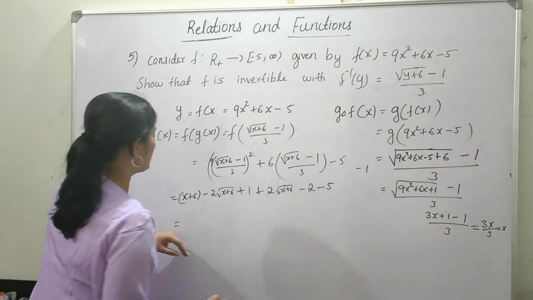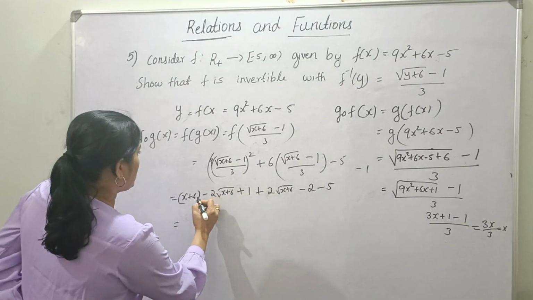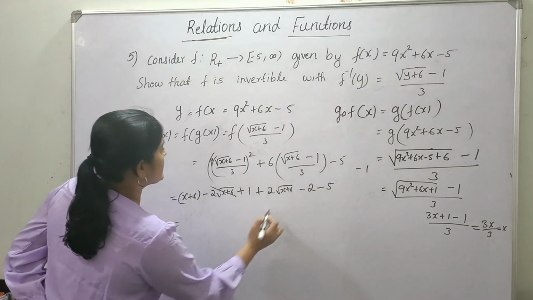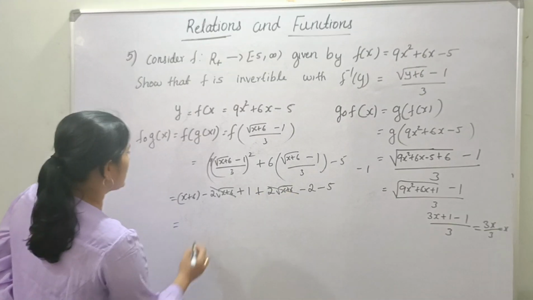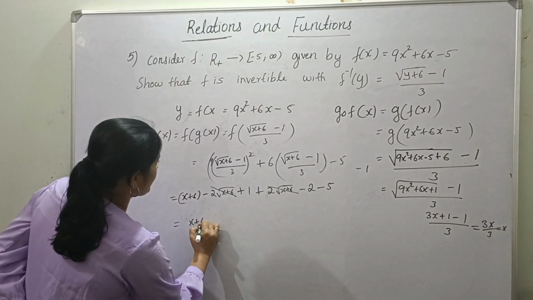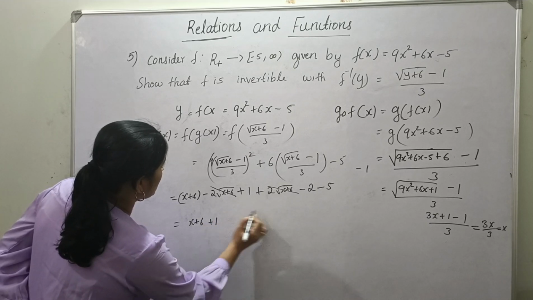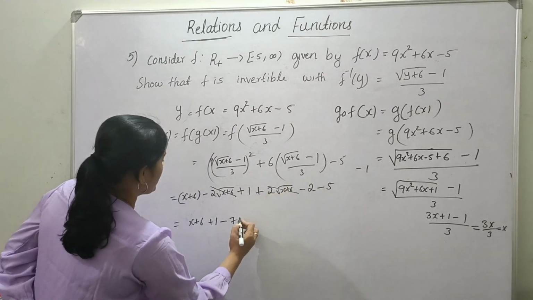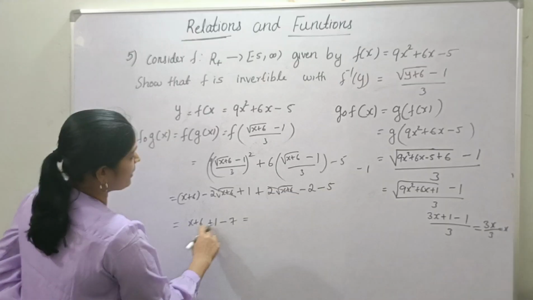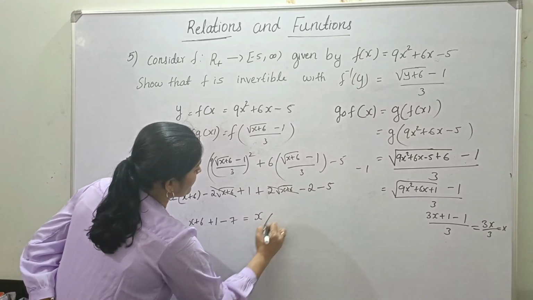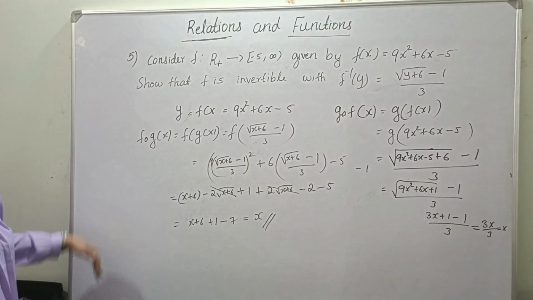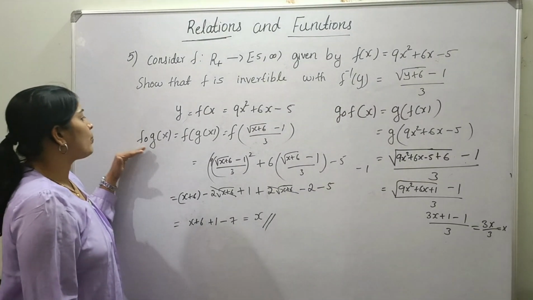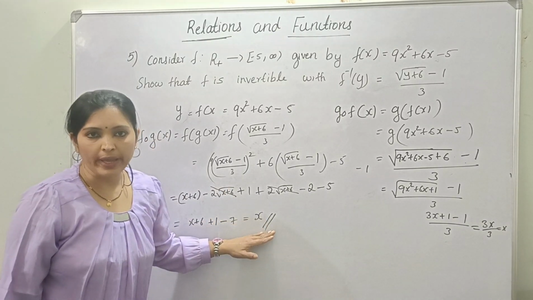So it is equal to, here minus 2 root x plus 6, 2 root x plus 6 cancelled. So x plus 6 plus 1 minus 7, minus 2 minus 5, 7. So 6 plus 1, 7, minus 7 plus 7 cancelled, remaining x itself. So here also we have got f composite g of x is equal to x.